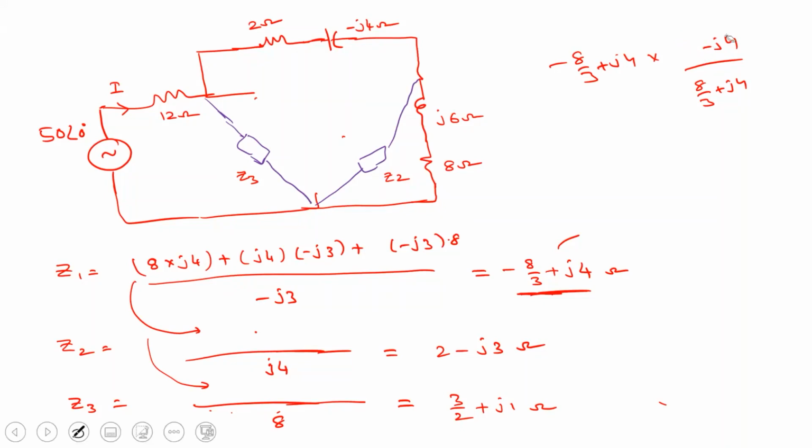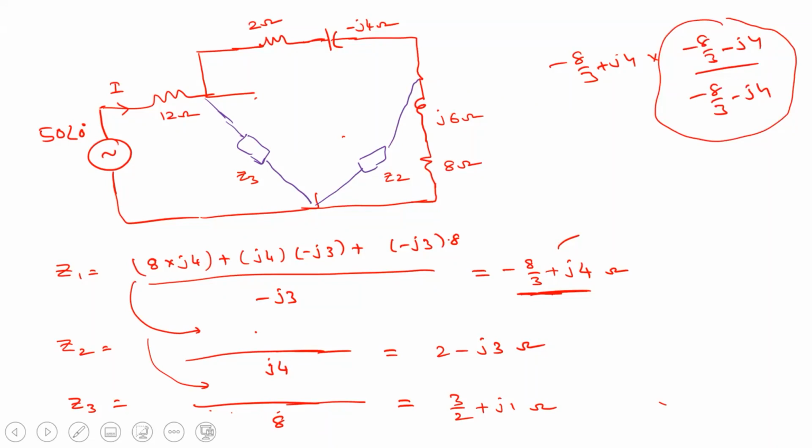Or I can multiply with minus 8 by 3 minus j4. Is this the format? Yes, sir, that's correct. We should multiply by the complementary, right? So do this and tell me.